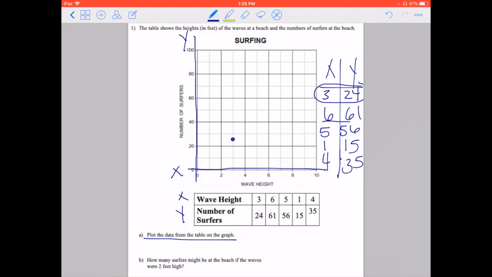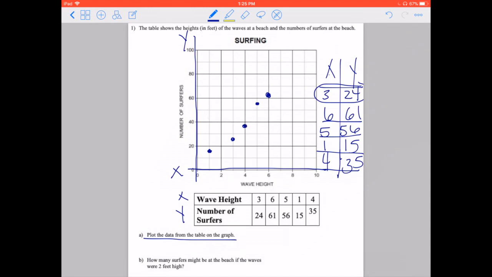Then we go 6, 61, so 6, and then go up to 61 and make a point right about there. 5, 56, so 5 on the x-axis up to 56 on the y-axis. 1, 15, so 1 on the x-axis, about 15 on the y-axis. 4, 35, so 4 on the x-axis, 35 on the y-axis.